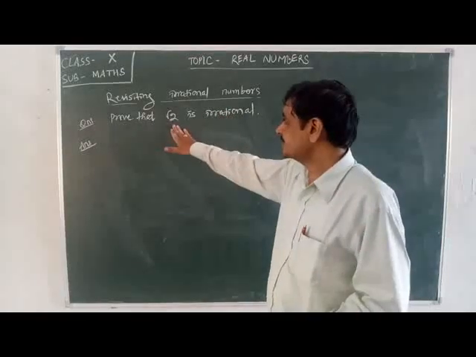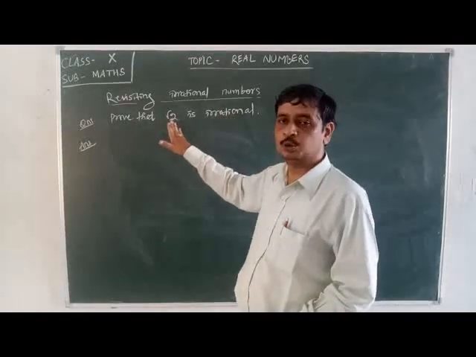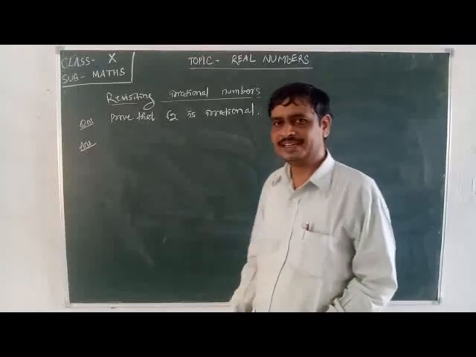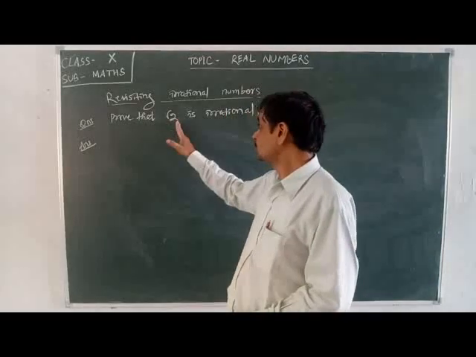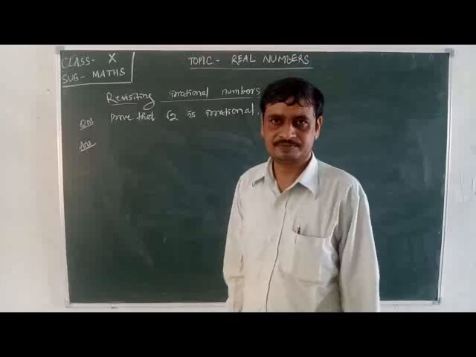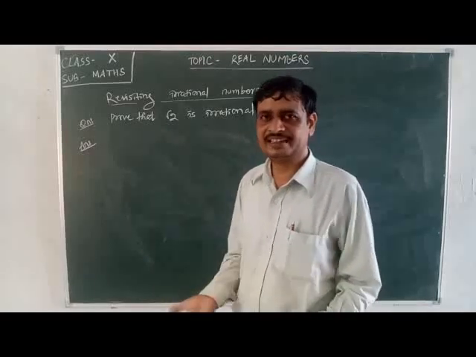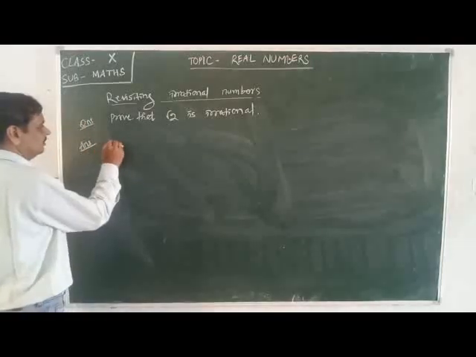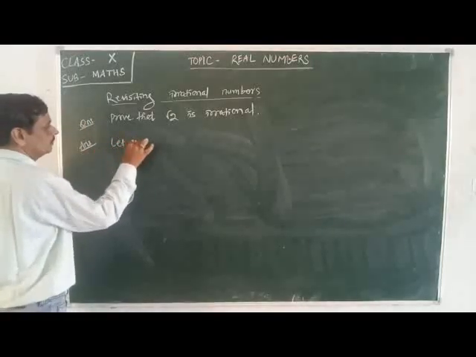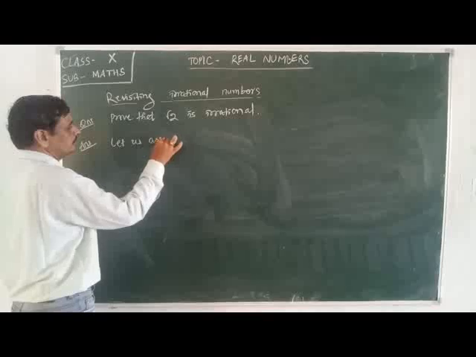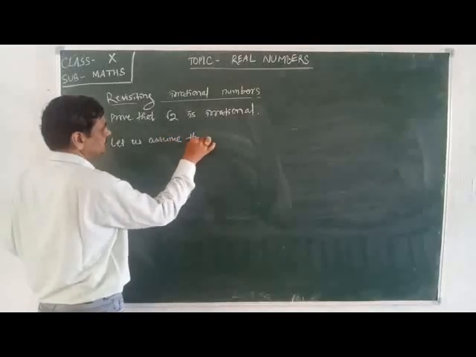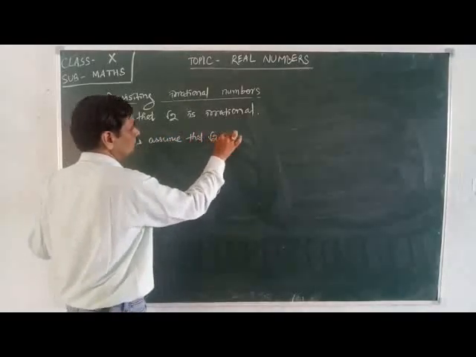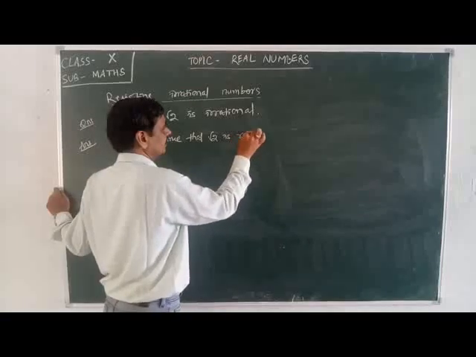Like it is given to prove this root 2 is irrational, and we have to assume this root 2 is not irrational. If it is not irrational, we can take it rational. Let us assume that root 2 is rational.